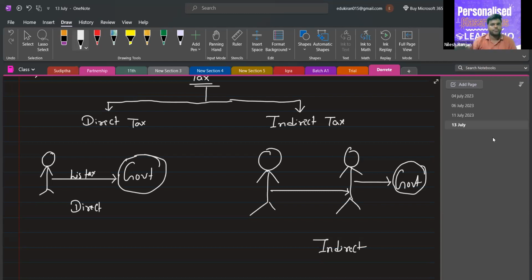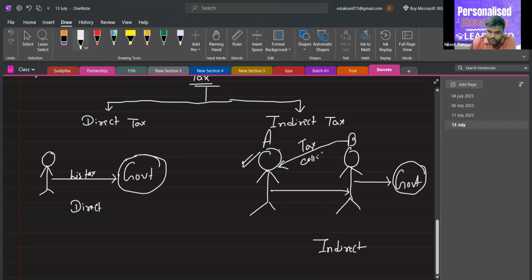Is this clear to you? It means the tax implication is on one person and the tax is paid by another person by collecting from that person. A is liable to pay tax, but B is collecting the tax from A and then B is paying money to the government.